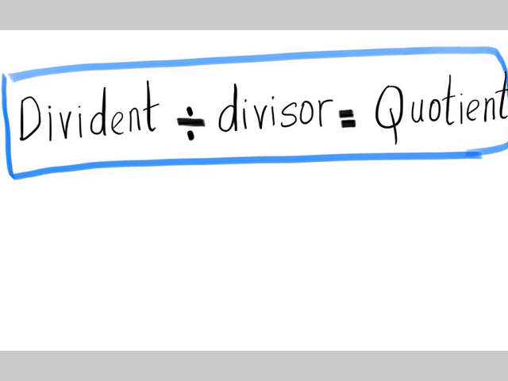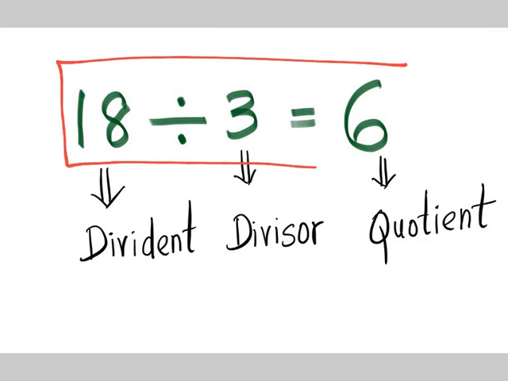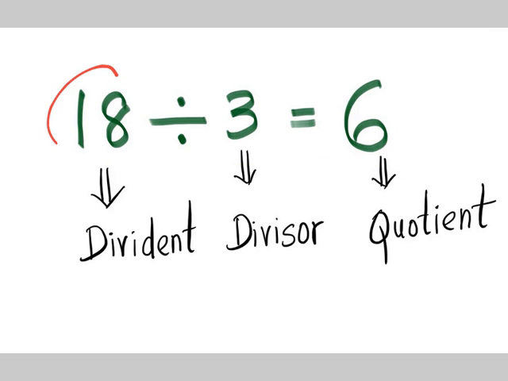Now let's see a division equation. In this division equation, 18 divided by 3 equals 6. 18 is the dividend. As you know, the dividend is the number that is being divided in the division process.